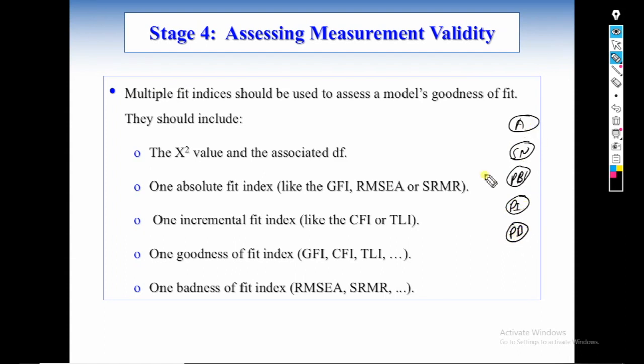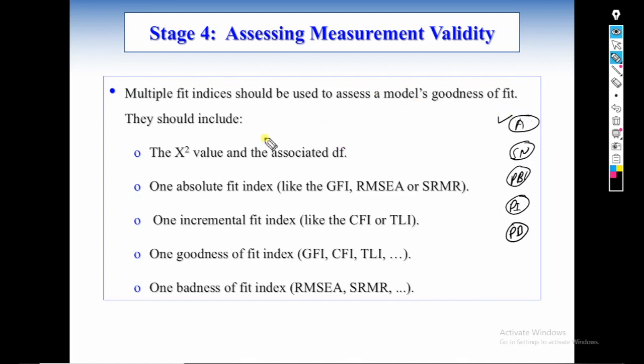For each construct we find whether my model is valid or not. So we find convergent validity and discriminant validity also. There are 2 approaches. I will discuss the other approach later on.